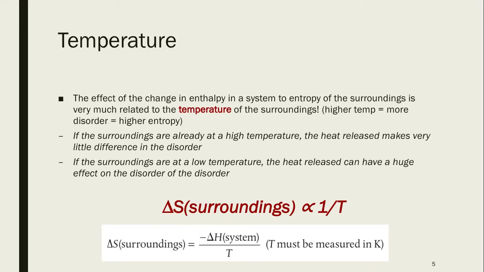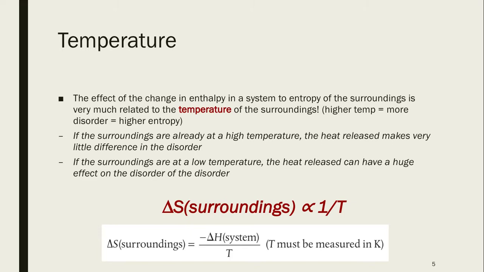Now, temperature plays a big role as well. The effect of the change in enthalpy in the system on the entropy of the surroundings is very much related to the temperature of the surroundings. Let's say we have a higher temperature, which would mean more disorder and therefore a higher entropy. But we also need to take into account what temperature we already have if heat is being released.